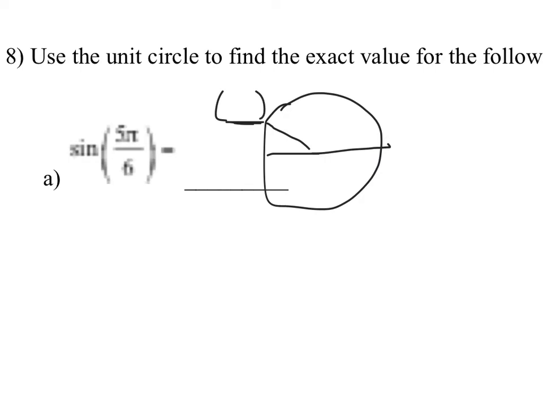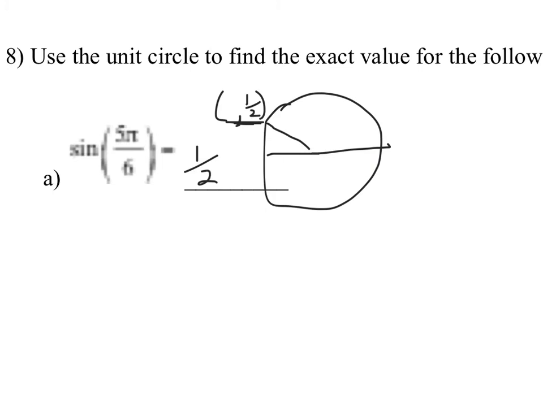So remember that the sine value is the y value. So the y value for 5 pi over 6 is 1/2. So you want to find that on your unit circle. That's going to be your answer, 1/2. And you do that for each one of these angle measurements.